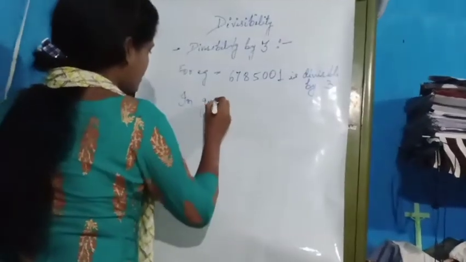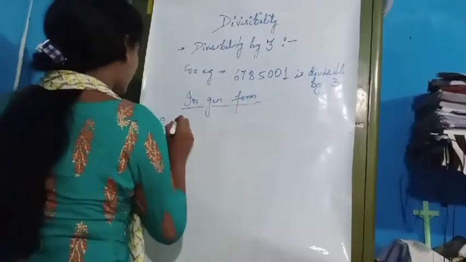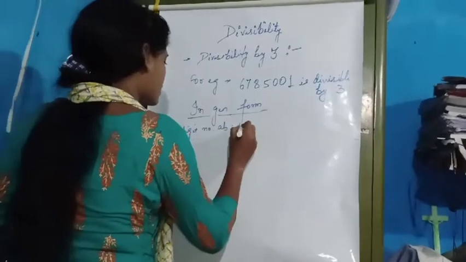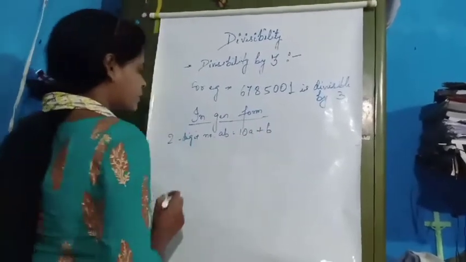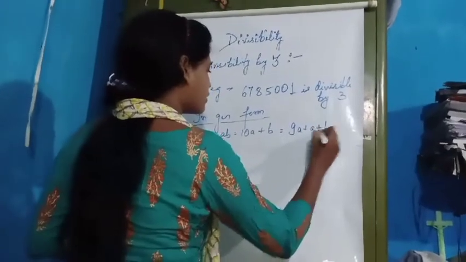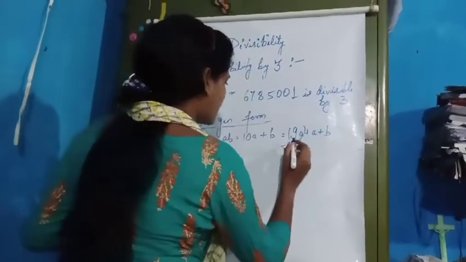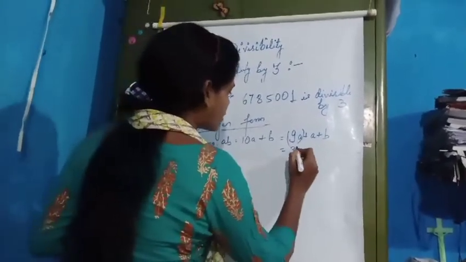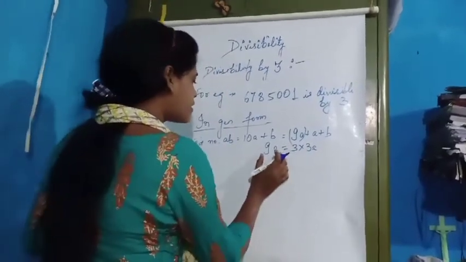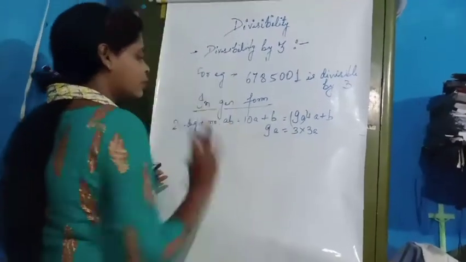Now let's see this in generalized form. Suppose I have a 2-digit number AB, which is equal to 10A plus B. Now you can write 10A as 9A plus A also. This 9A is a multiple of 3, since 9A is equal to 3 into 3A. That means this part is divisible by 3.